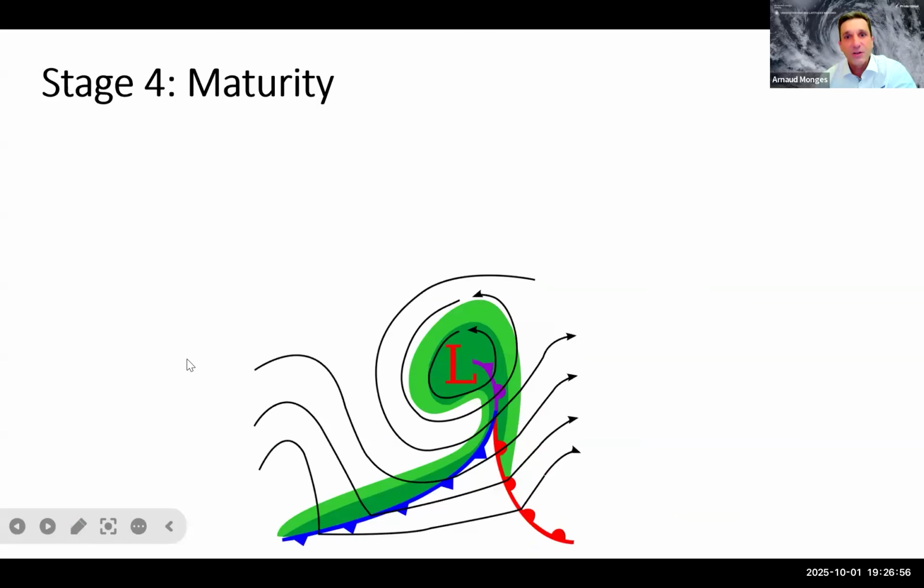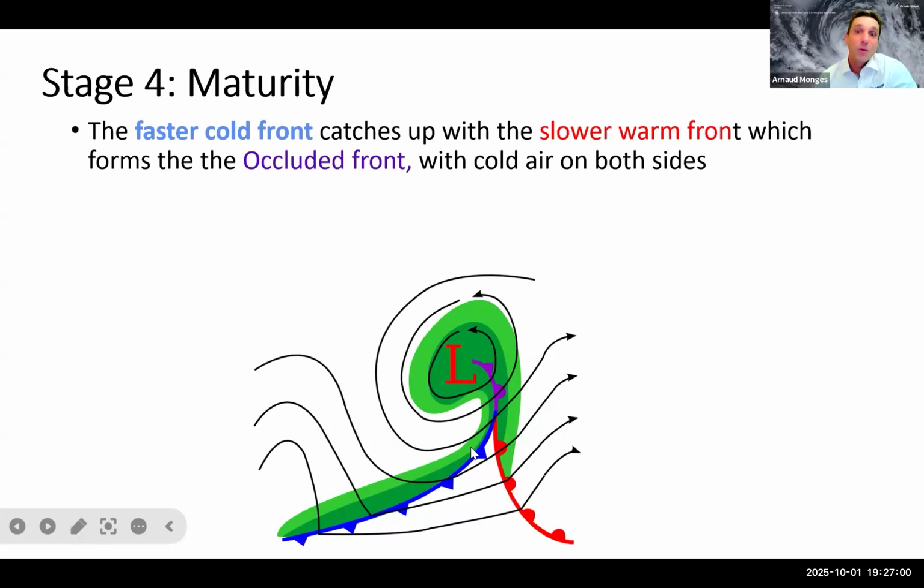Then we get into stage four, which is the maturity. So as we mentioned before, the cold front is starting to catch up with the warm front. And this is the beginning of the occlusion that starts from the center of the low.